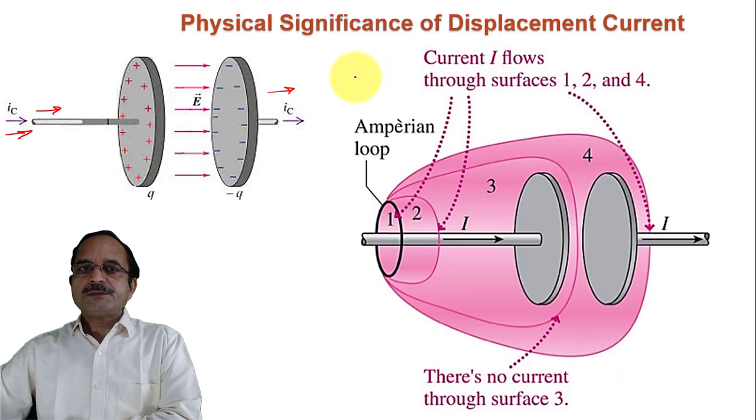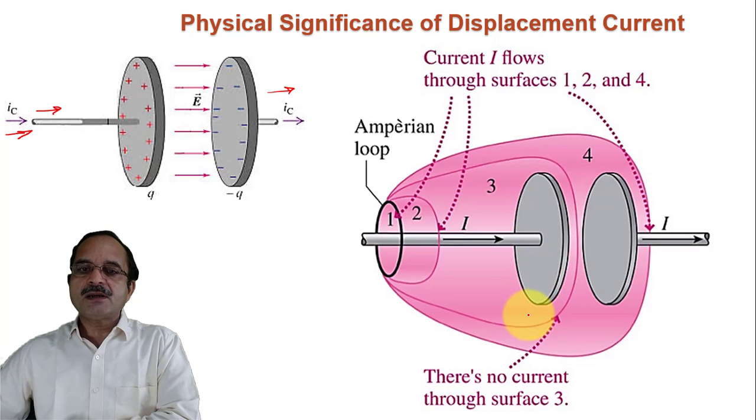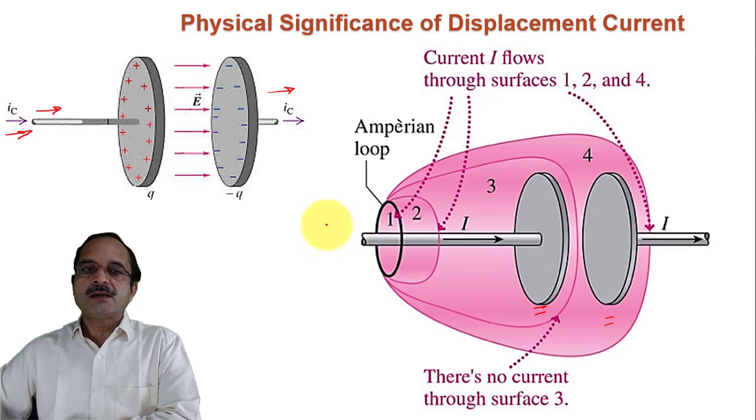Now let us explore this further by using Ampere's law. Suppose these are the two plates of the capacitor, as you can see in this diagram. This is plate 1 and plate 2, and this is the charging current entering here and leaving here.